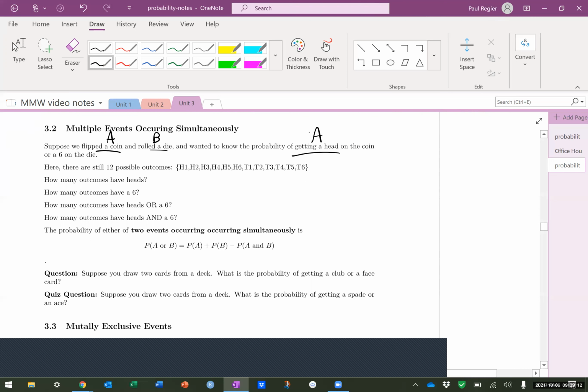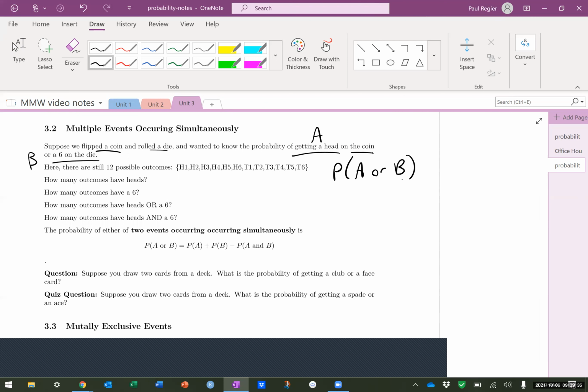We'll call that our event A. And getting a 6 on the die, B. So we want the probability of A or B. All we care is if I get a head or if I get a 6. Maybe there's some kind of reward for some game that we've made up.